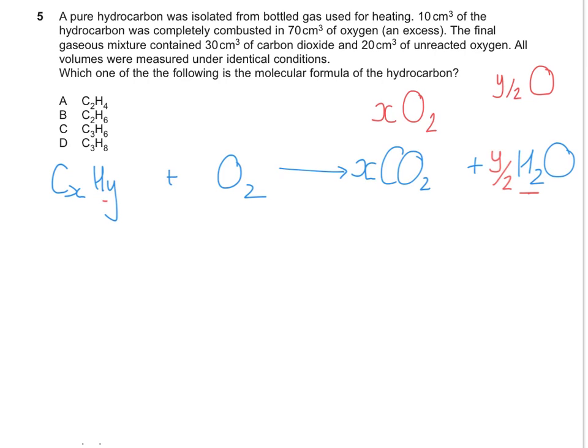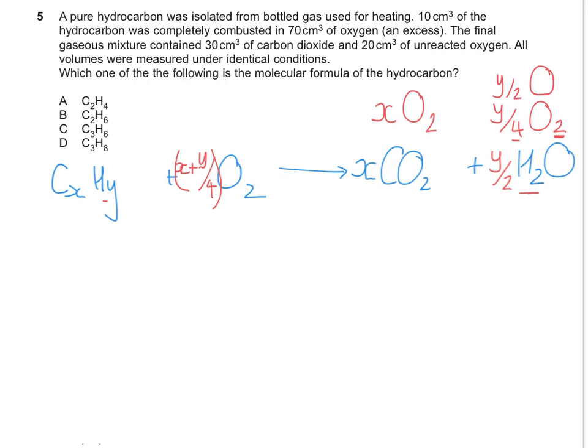And so I only have y over 4 O2, because that little 2, if I times that by 1 over 4, I'm going to get 1 over 2. So on the left hand side then, I can put x plus y over 4 O2. Okay, so that is your equation generally balanced for the combustion of a hydrocarbon.